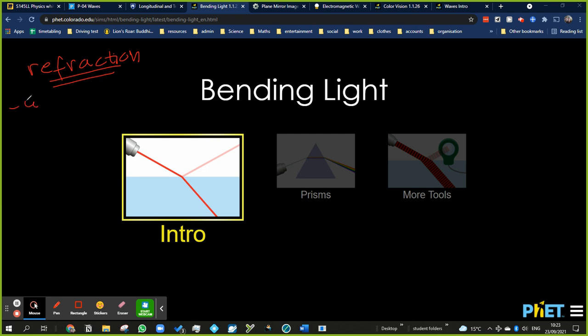Specifically, waves change direction as they go through different materials.